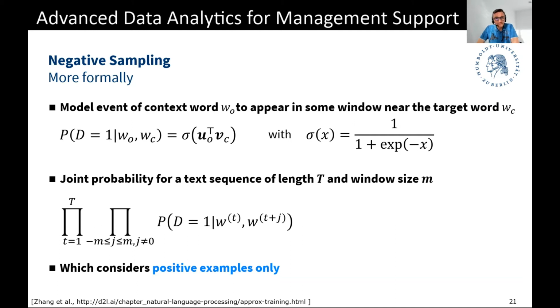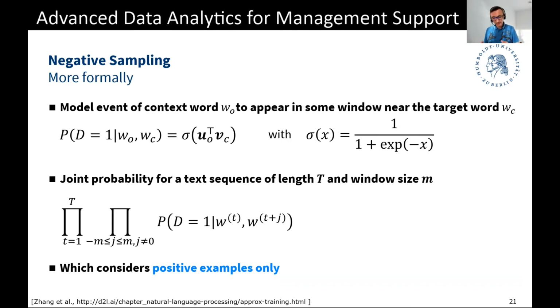And since it's a binary problem, we could solve that problem using a standard logistic regression model, or using the sigmoid function here. We take the dot product of our two word embeddings, u_o and v_c. We put that through a sigmoid to ensure that it gets scaled to the range 0 to 1. And this gives us a probability estimate of the words occurring together.